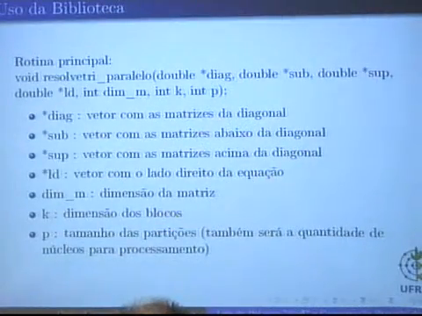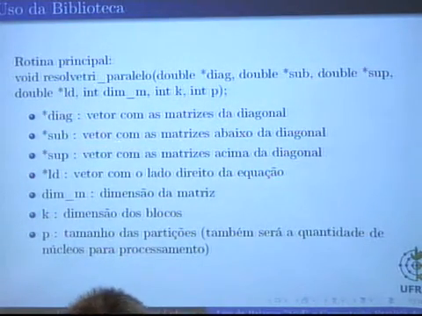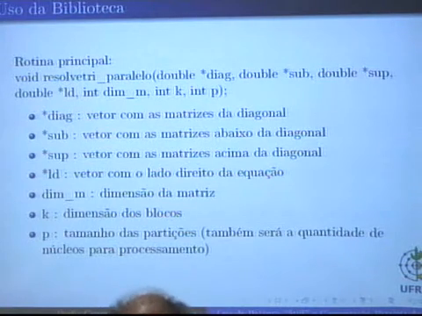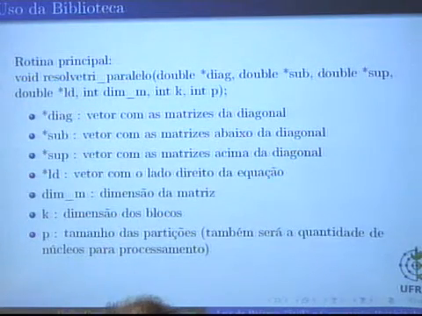The main routine is resolve 3 parallel, which gets 3 vectors with the matrix, the dimension of the matrices, the right-hand side, the dimension of the blocks, and the size of the partitions.